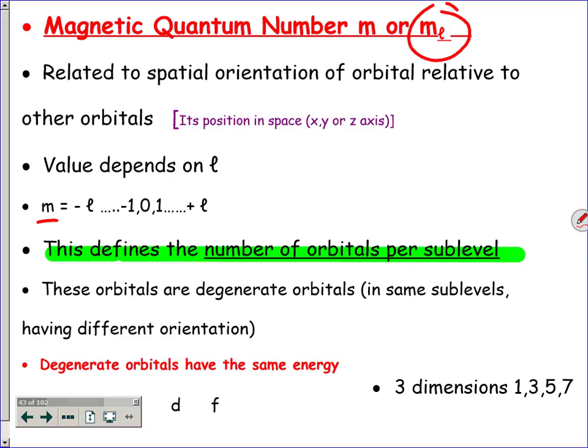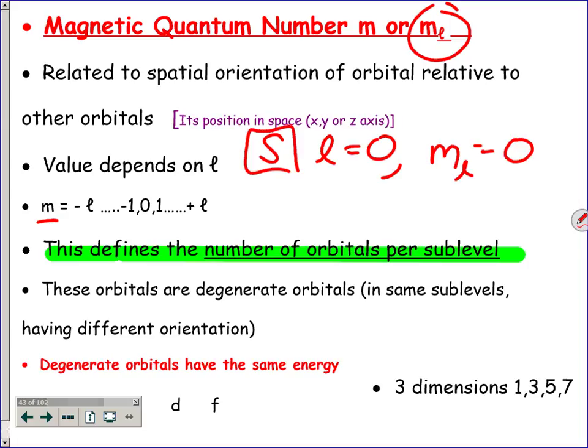So instead of reading all this off, I'm going to give you the examples. Okay. So S, how many different orientations can S take on? 1, okay? So if you have an L number of 0, your ML number, which means the orientation of that orbital, can only be one thing. It's going to be 0. And that's because the S orbital doesn't have any other orientation in space.